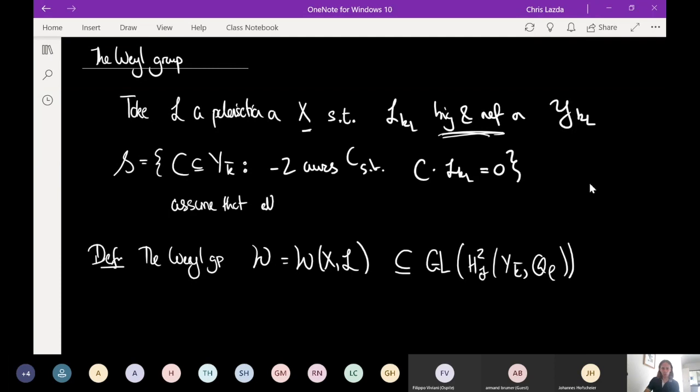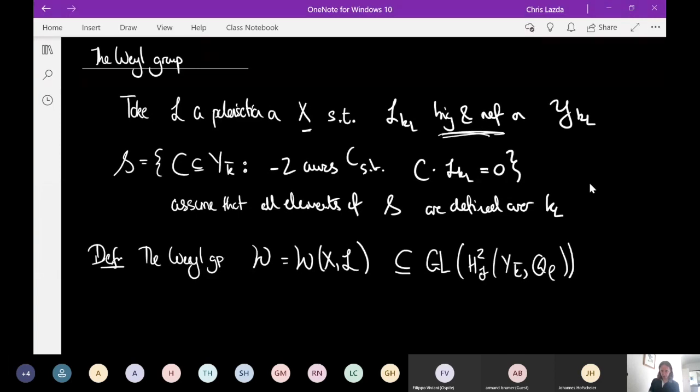And we're going to assume that all elements of S, so all of these -2 curves orthogonal to my polarization, are defined over K_L. Again, I can always ensure this by increasing L if I need to.